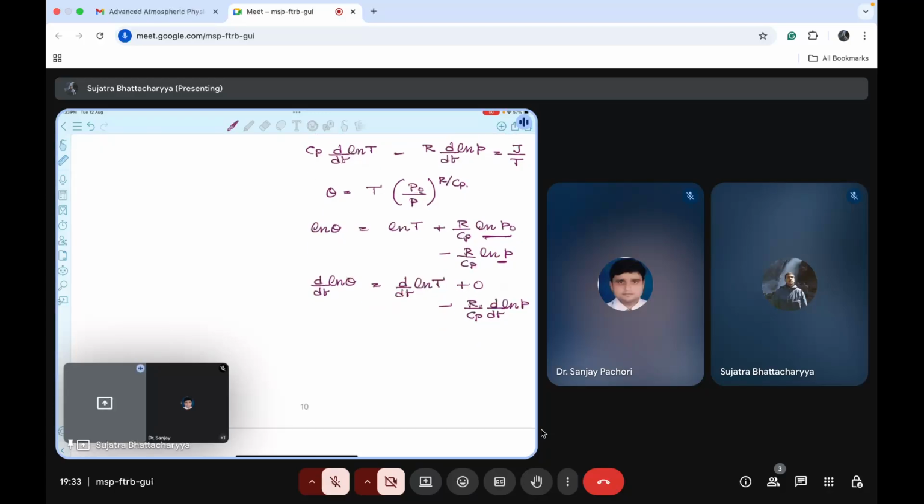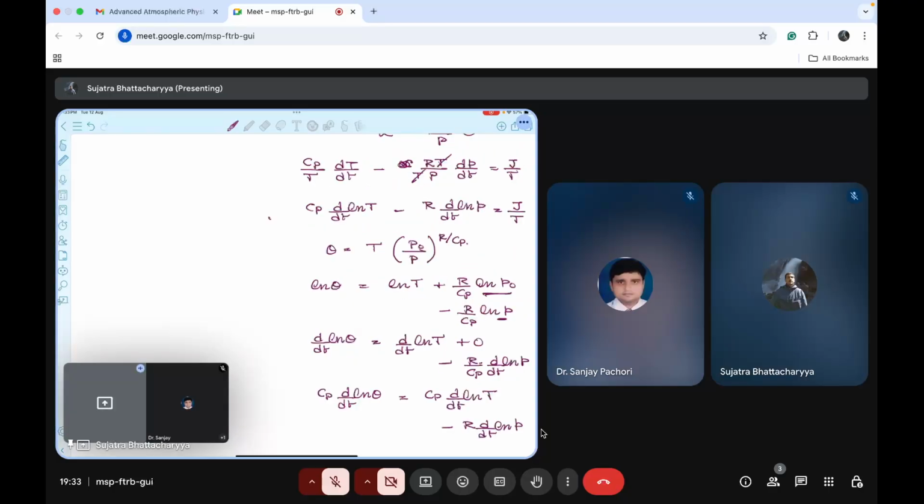So what we do is multiply by Cp, so Cp d/dt of log theta is equal to Cp d/dt of log capital T, temperature, minus R d/dt of log P. Now take a look at the right hand side.